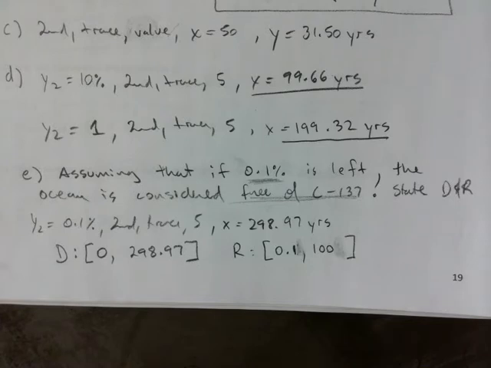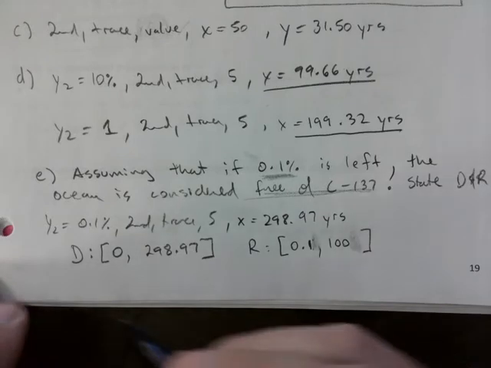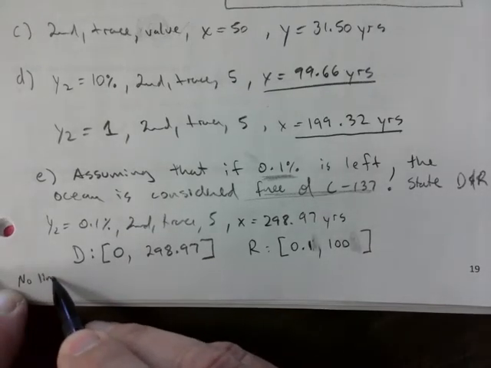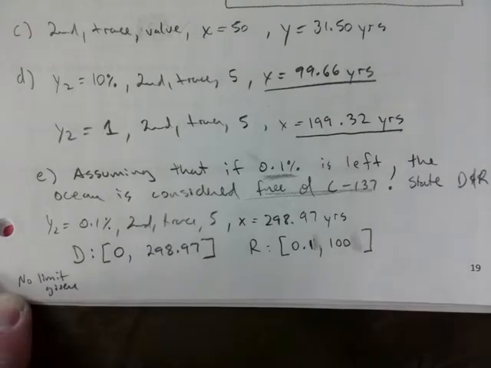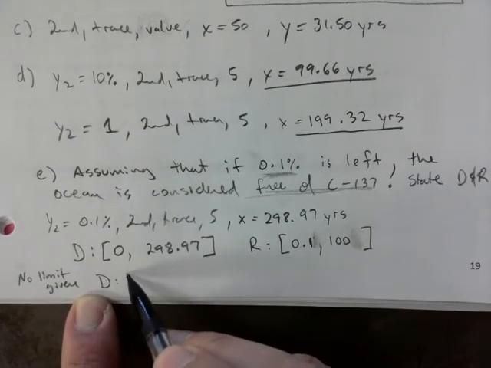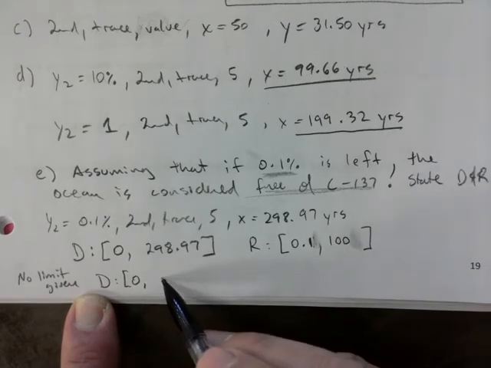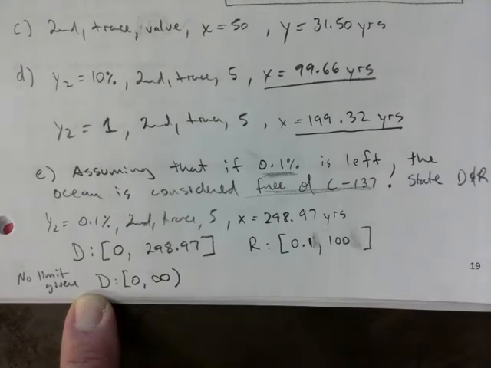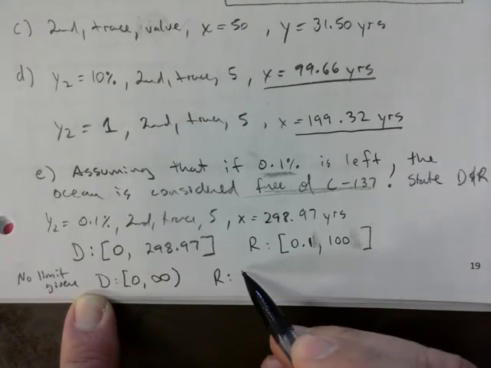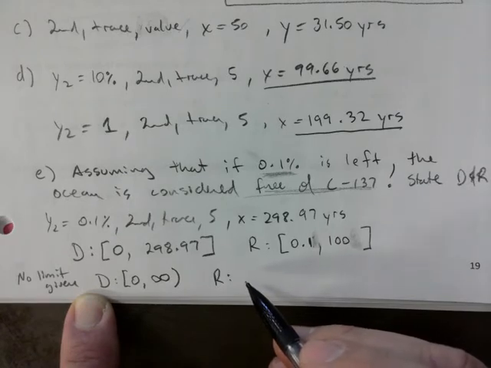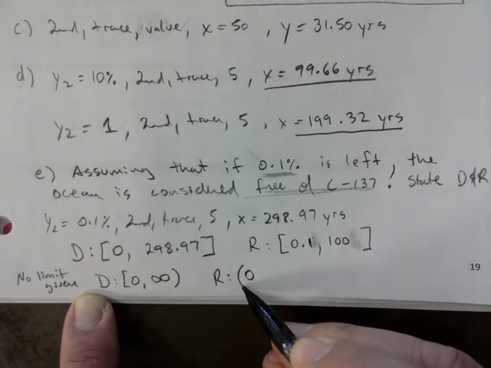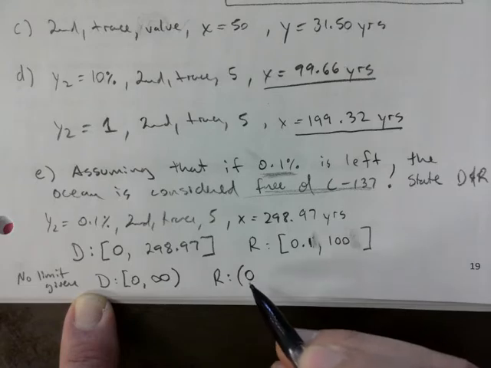Guys, if the question did not put a limit to it, if there's no limit given, then your domain would actually be 0 to infinity. Scary word, right? It goes to infinity. And your range should be, you get almost to 0, but not quite. So what you do is you go 0, round brackets, because you're not including 0.